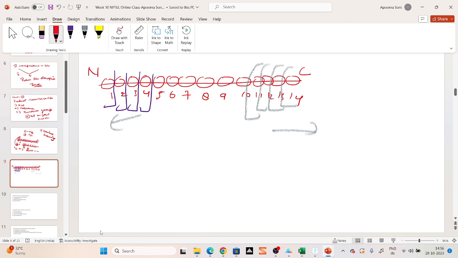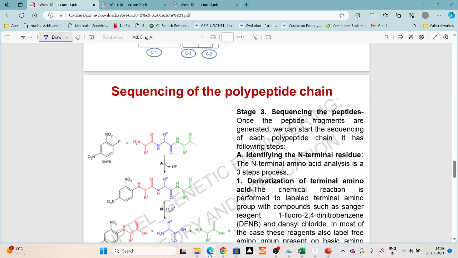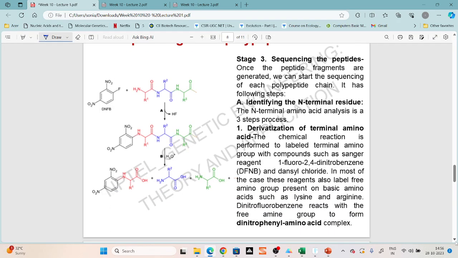Okay. Now, by utilizing this concept, the reagents that are used, that you can learn. There is nothing to explain about the reagents that are used. The important thing is that you should know how it is done, the basic logic. So first, you will identify the N terminal residue, and then you will label the N terminal residue.